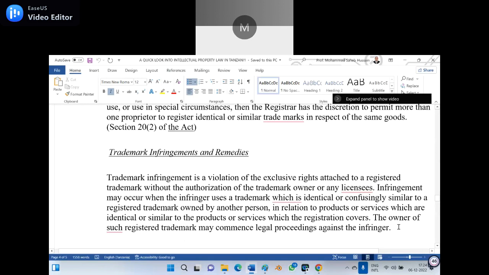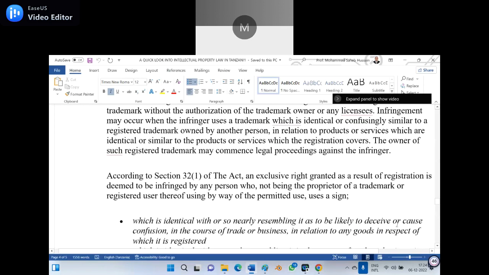So, in relation to products or services which are identical or similar to the products or services which the registration covers, the owner of such registered trademark may commence legal proceedings against the infringer if he encroaches, keeping the same logo without any drastic change.